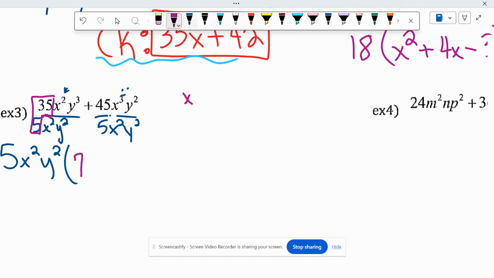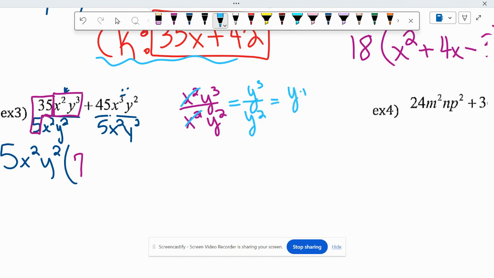But when you think about x squared y cubed, that's what's left over right here, divided by x squared y squared. Well, here's the rule: if they're exactly the same in the numerator and the denominator, those just cancel out. But if I have two different powers, a y cubed over a y squared, well, the rule is that you subtract the exponents.